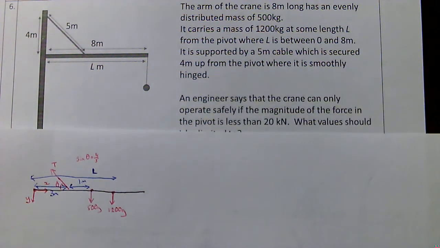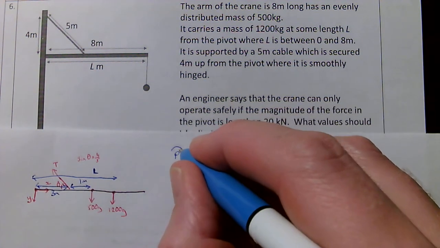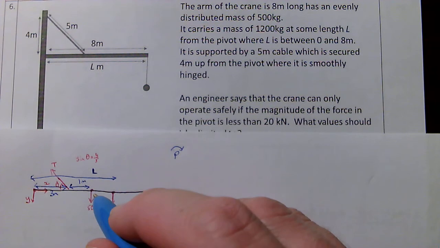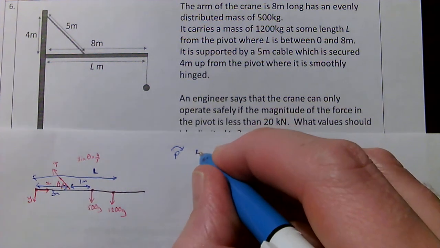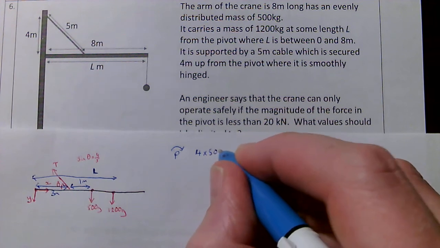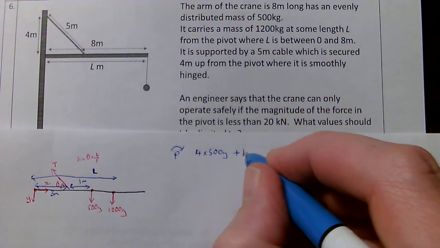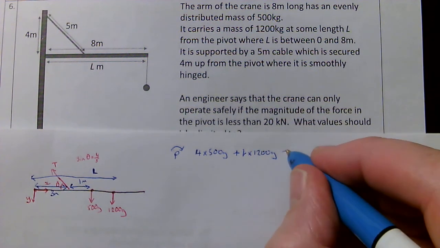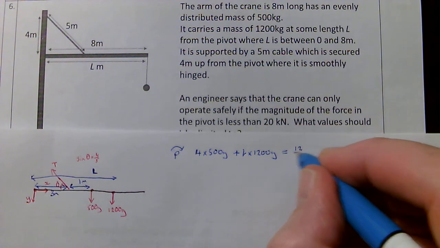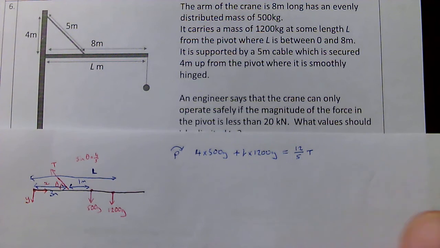Okay, so we're going to start by taking moments about the pivot. So we're going to take clockwise moments about the pivot, and we know therefore that 4 times 500 G plus L times 1200 G equals 12 over 5 T. And I'm just using that 12 over 5 T, which is exactly what we had in the last question.